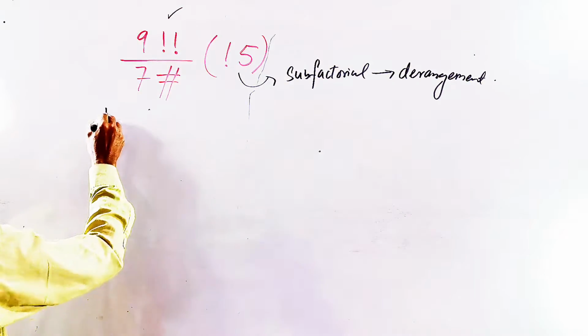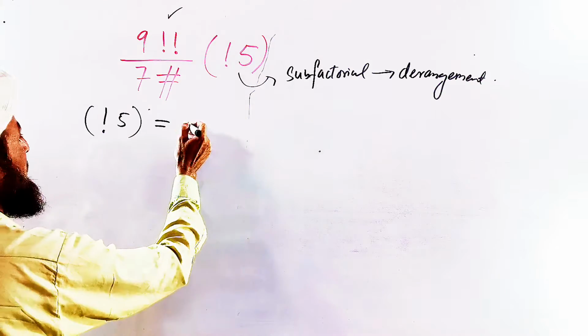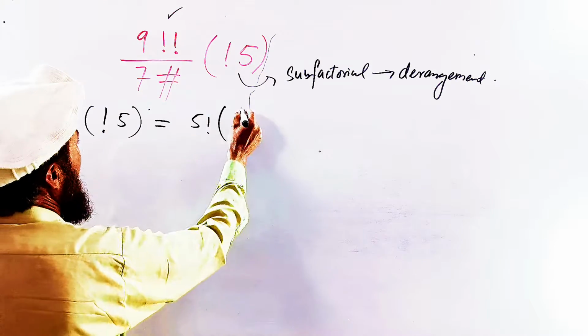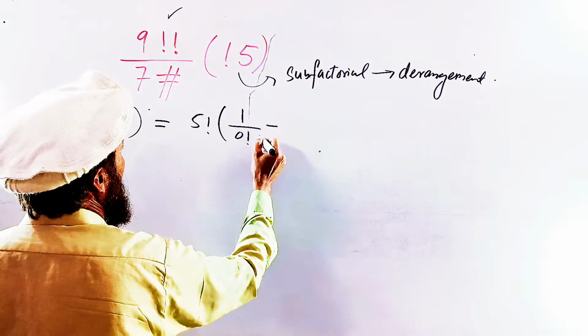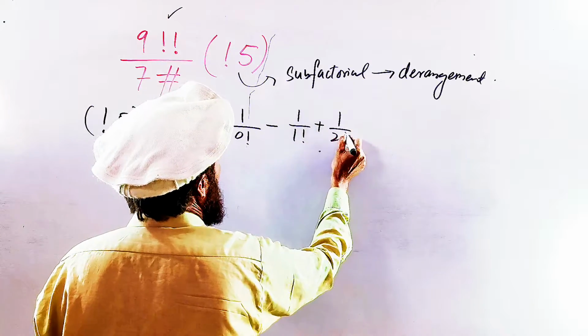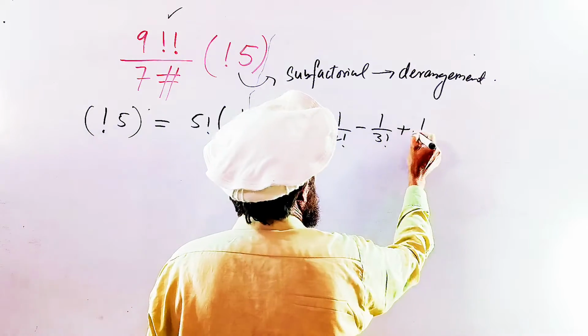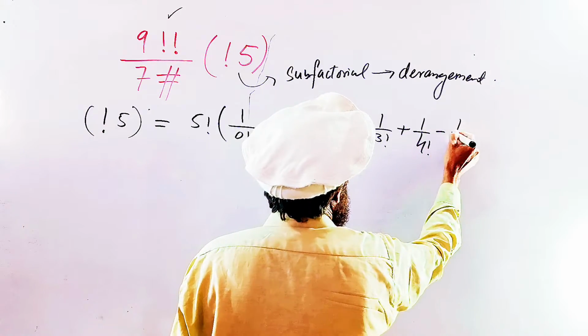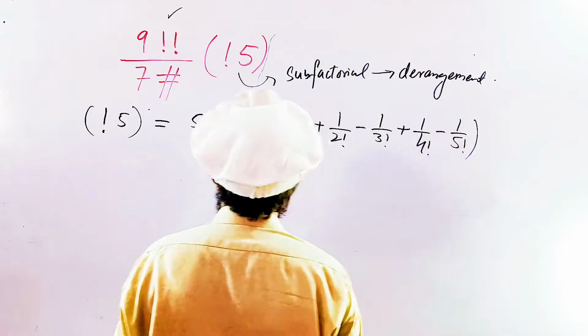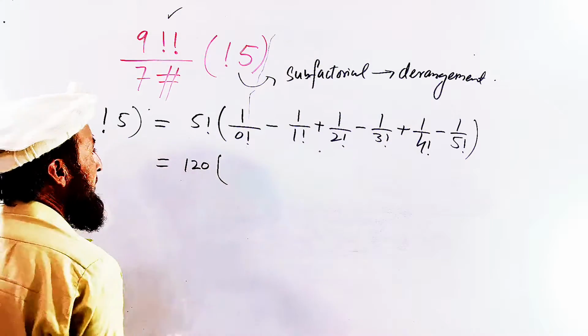Similarly, subfactorial 5 is 5 factorial times (1 by 0 factorial minus 1 by 1 factorial plus 1 by 2 factorial minus 1 by 3 factorial plus 1 by 4 factorial minus 1 by 5 factorial). 5 factorial is 120.